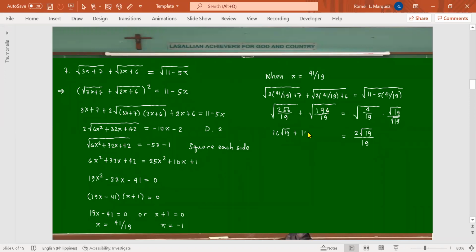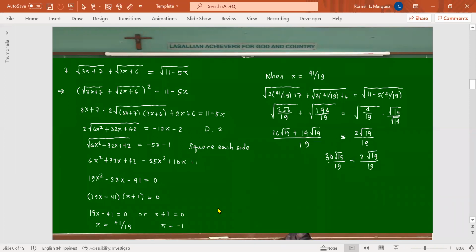So plus 14 square root of 19 all over 19, when you get the LCD. So, what is 16 plus 14? 30. 30 square root of 19 all over 19. Are they equal, guys? No.